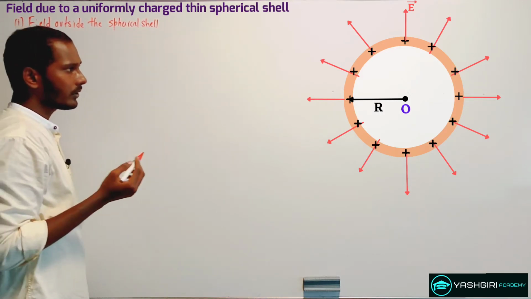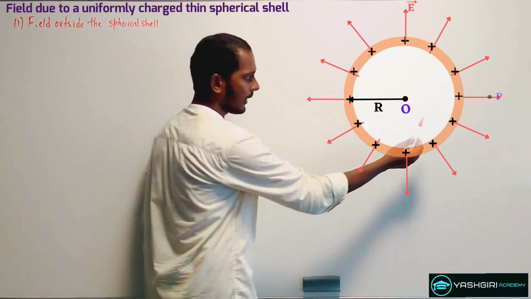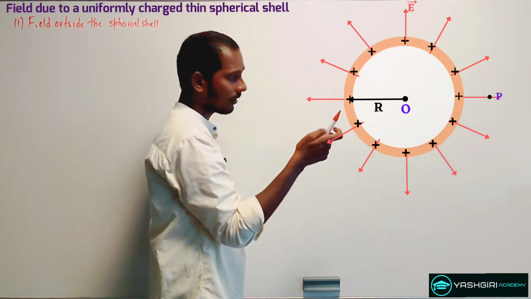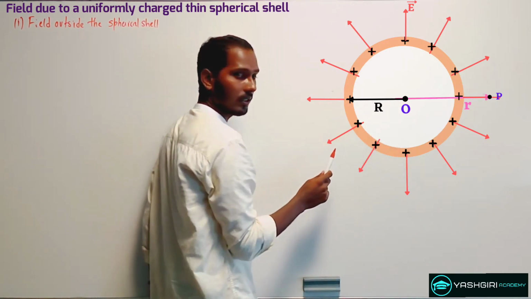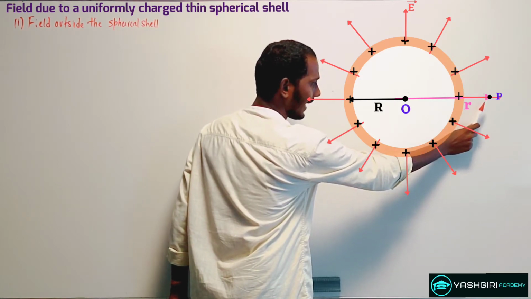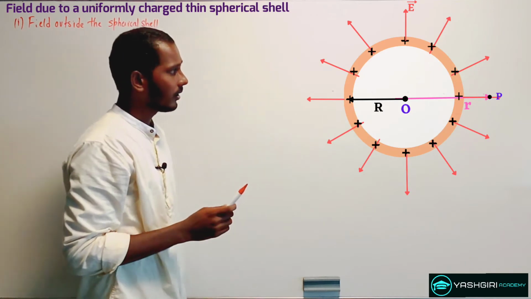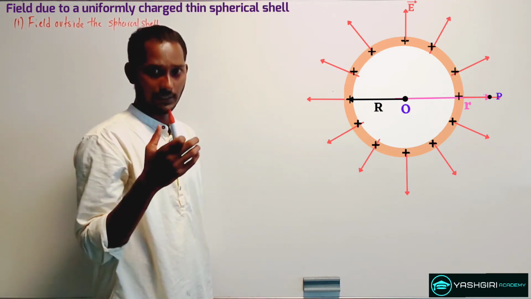So here let me consider a point P over here, which is at a distance, say small r, from the center of this spherical shell, correct? So here I'm interested in measuring at this particular point the electric field, which is outside this spherical shell. So let me bring a Gaussian surface into the picture.